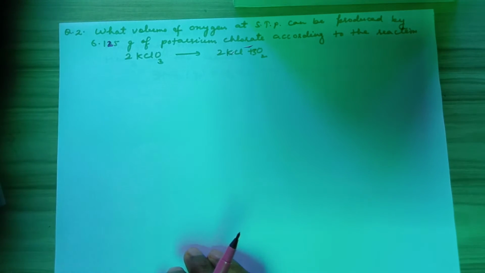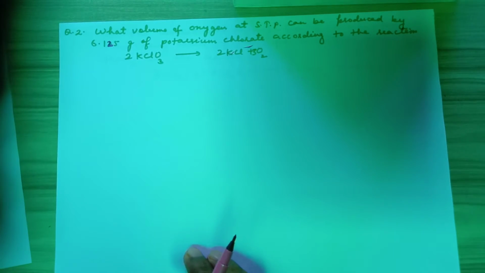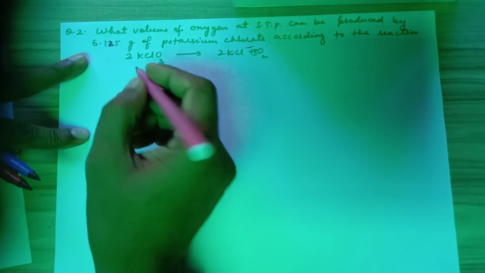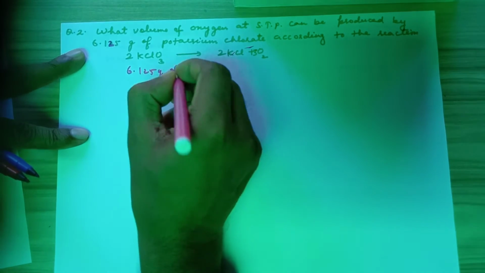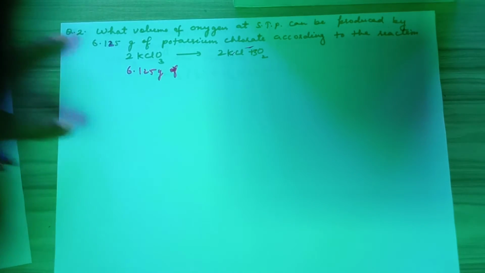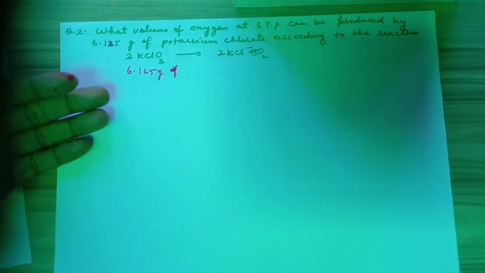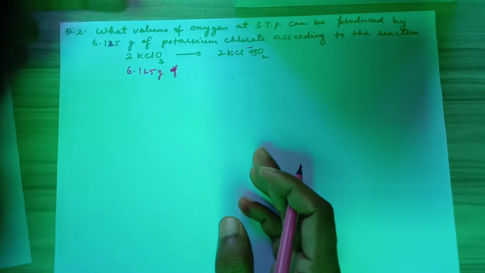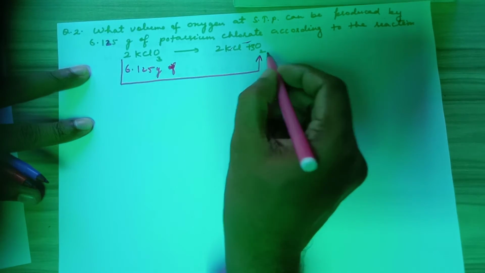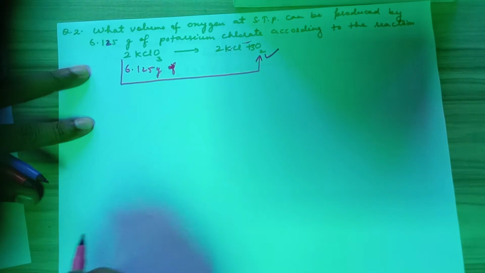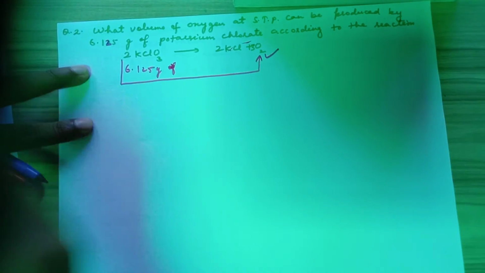So we have to find the volume of oxygen, and we are given 6.125 gram of potassium chlorate. So use this information and find out the volume of oxygen. We have a relation between chlorate and oxygen. The one to be found goes on the right hand side and the given part on the left hand side.